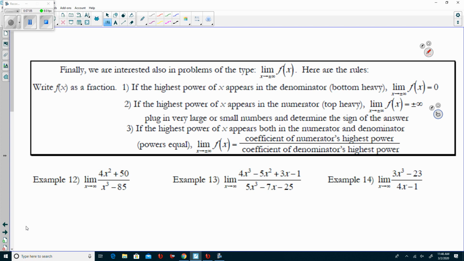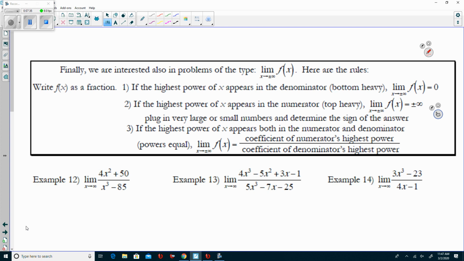So in example 13, if I have that numerator, 4x cubed minus 5x squared plus 3x minus 1, the power function is 4x cubed because that will decide the end behavior. So if it's an x cubed, that means it goes in opposite directions. As x approaches negative infinity, y approaches negative infinity. As x approaches infinity, y approaches infinity, because of the higher power.